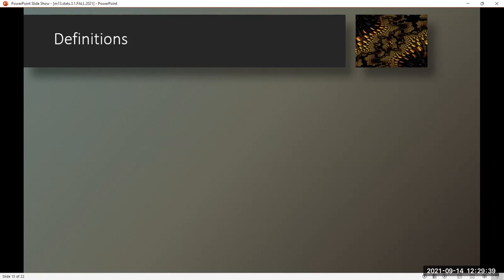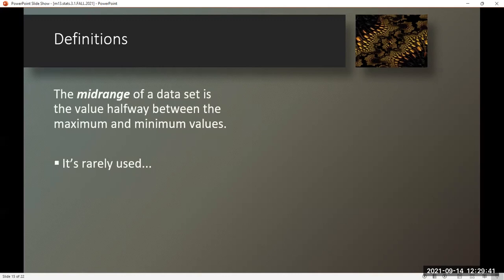More definitions. The mid-range of a data set is the value halfway numerically between the maximum and minimum values in the data set. It's rarely used, and I cover it probably because I just should. It's also one of the few in this little list that actually has a formula.